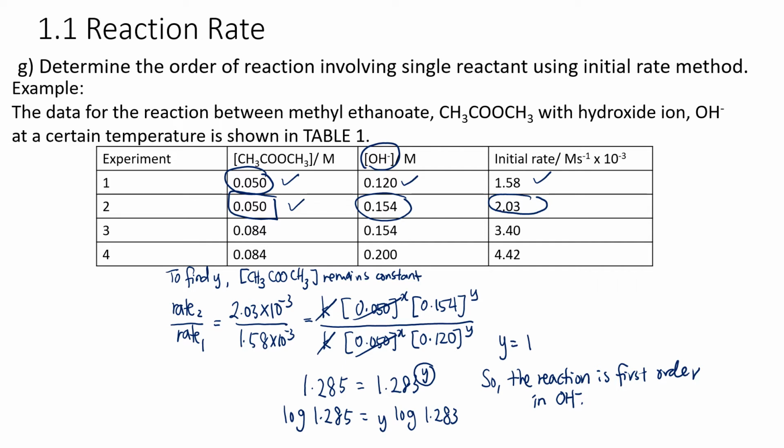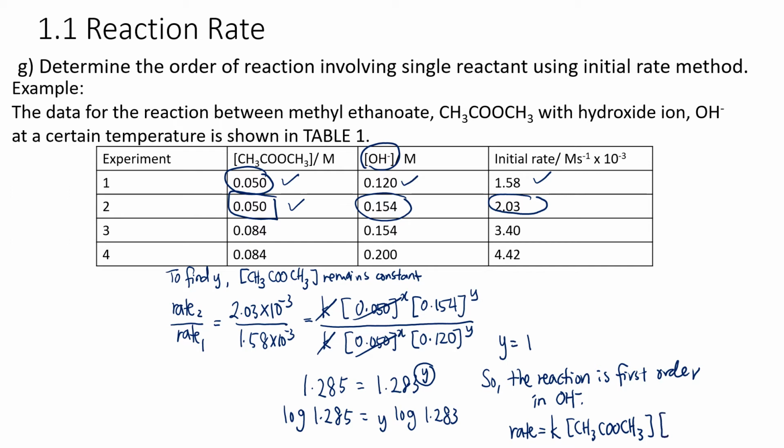After we have found x and y, we need to write the rate law. Rate equals k, concentration of CH3COOCH3, we know that the order is first order, so raised to the power of 1, but 1 usually we don't write it.